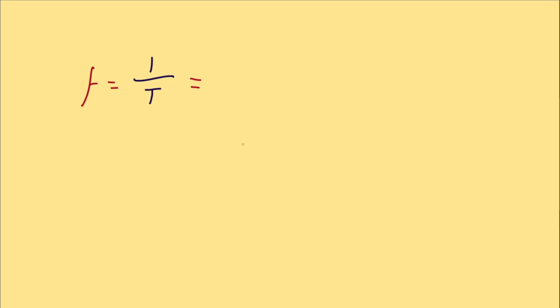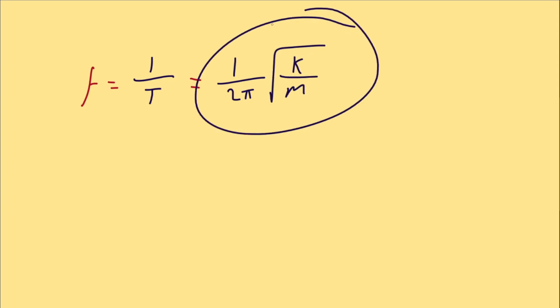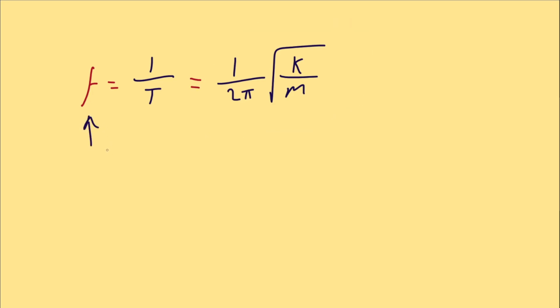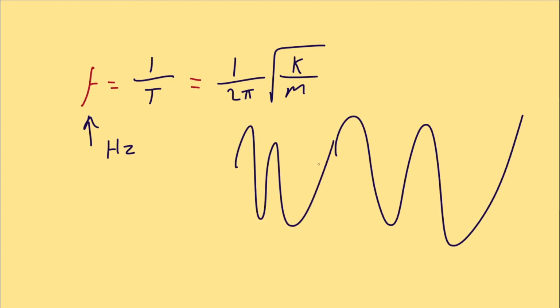I'll just chuck it on the free cheat sheet in the description. It's a pretty important formula. It's f equals 1 over 2 pi times root k over m. This is a frequency formula we're going to use in problem solving later on. The unit that you measure frequency in is hertz, cycles per second. It's used when you want to look for how often, not how long, something takes to vibrate.